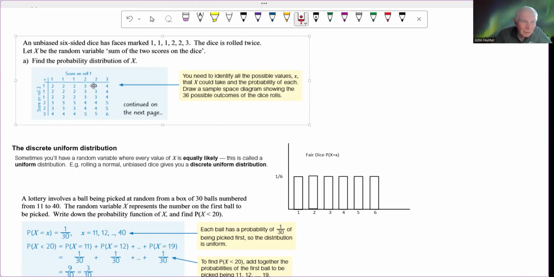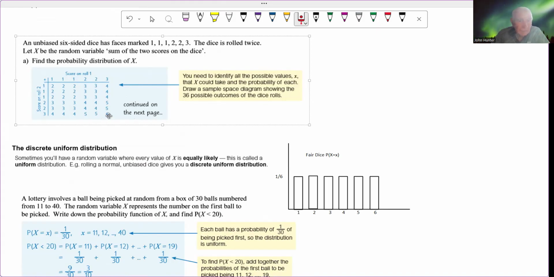We've got 2, 3, 4, 5, 6, 7, 8, 9, so 9 different ways of getting a total of 2. So that would be therefore 9/36. The probability of getting a 2 would be 9/36.